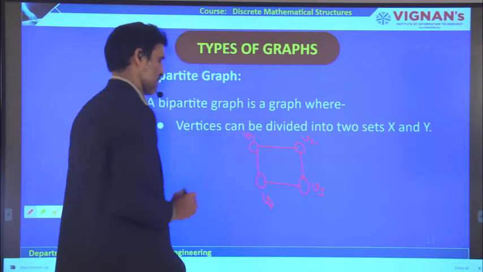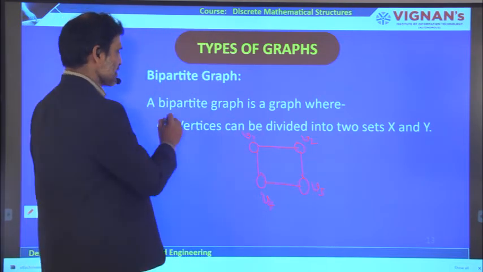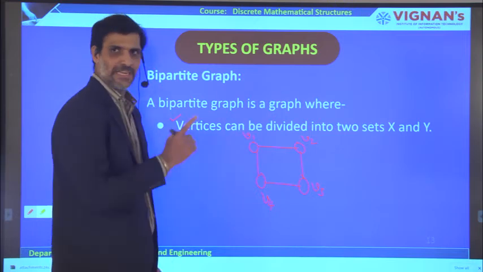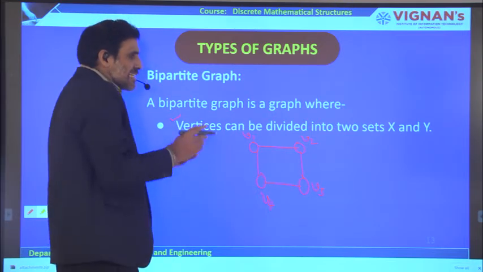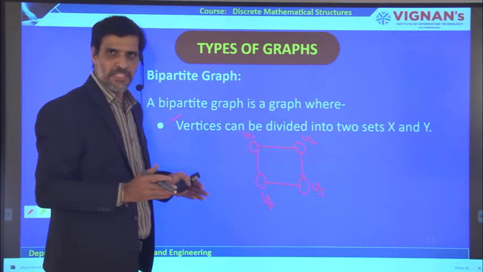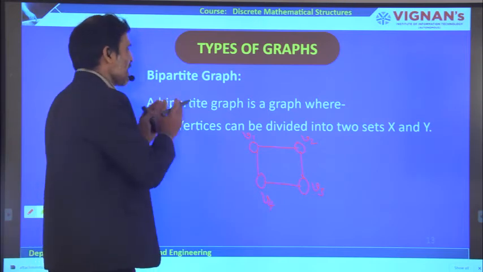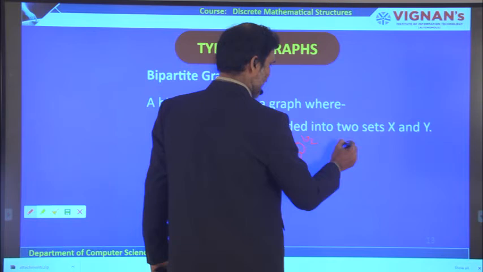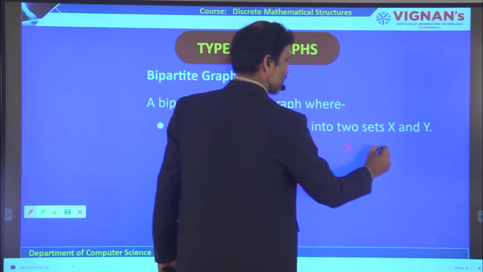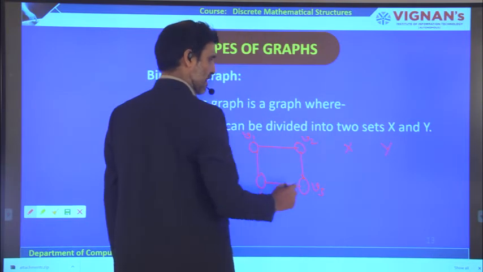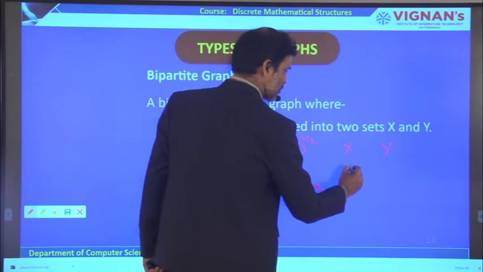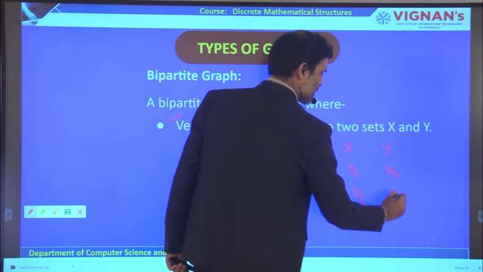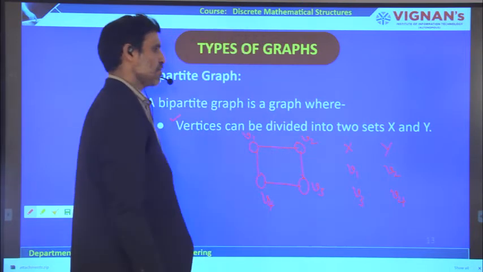So the first condition here is that vertices can be divided into 2 sets X and Y. Because of this partition, this graph is called a bipartite graph. Now what I am trying to do is divide them. Let us take X as one set, Y as the other set. You can choose any vertices in your set X, and you can choose any vertices like this.